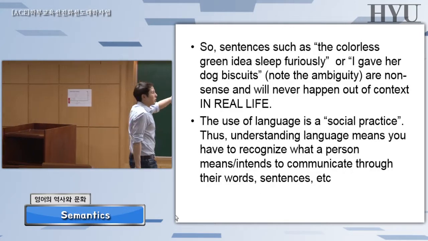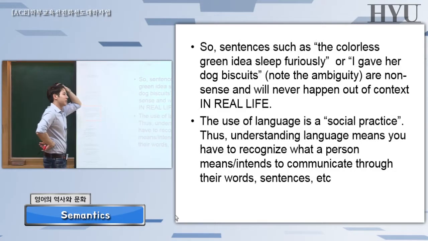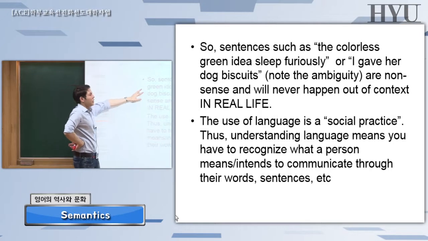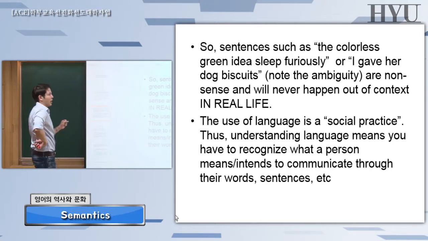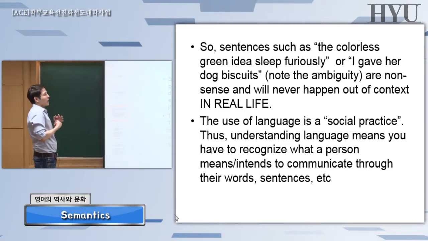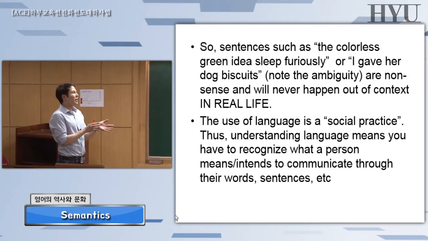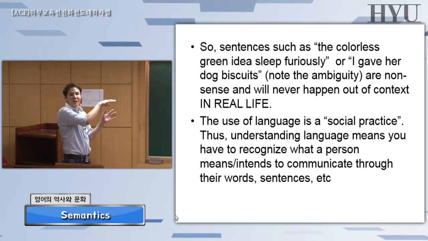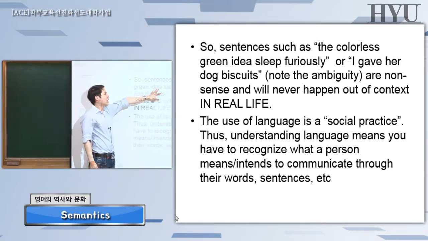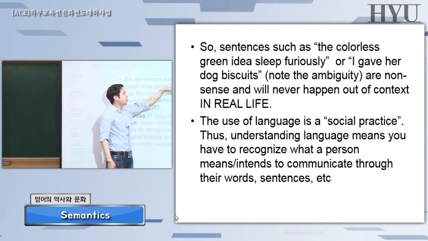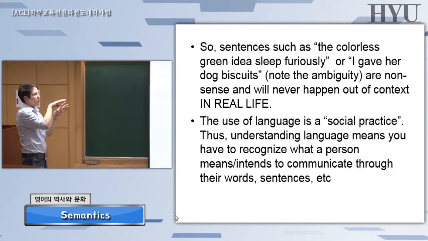So Chomsky, you know, he is a famous syntactician, came up with this sentence: the colorless green idea sleep furiously, right? And he said that the meaning doesn't matter. When we do syntax, what we do is analyze that this is a proper grammatical sentence because we have the NP, we have the VP, and the words follow the phrase structure rules.